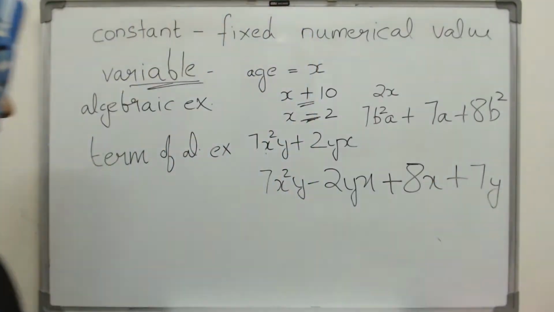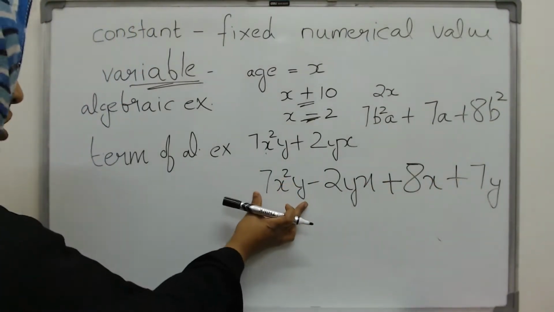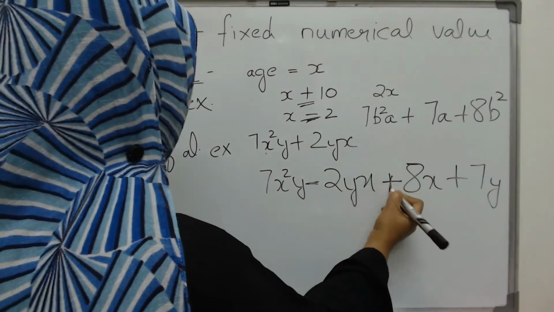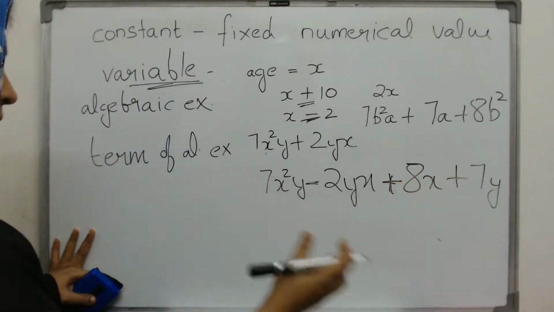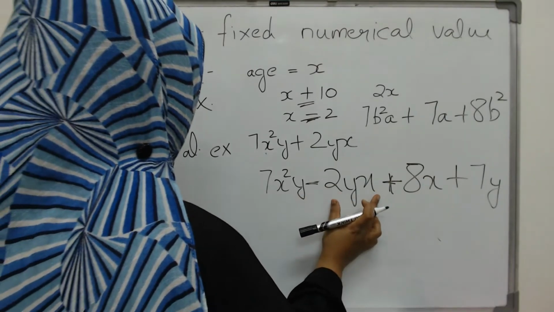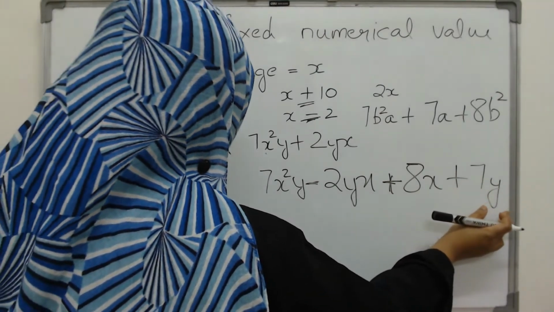Okay. So you see this algebraic expression. Those quantities which are separated by a minus sign or a plus sign are called a term. So this will be one term. See the minus sign here? This will be the second term, this will be the third term, and this will be the fourth term.